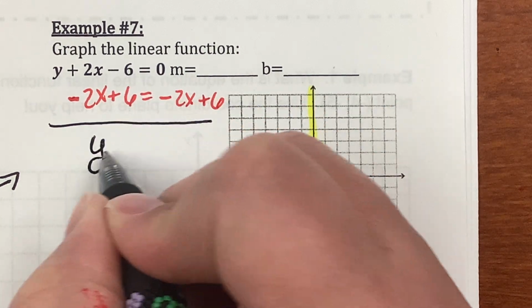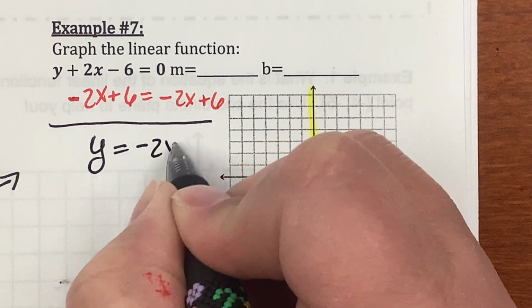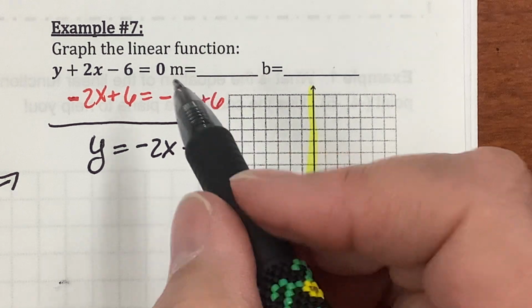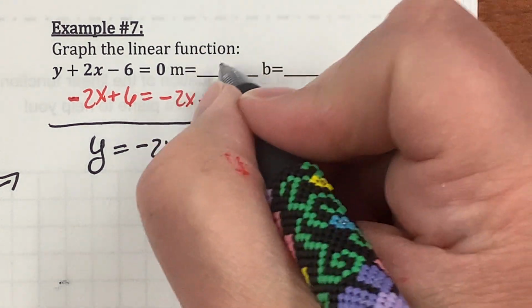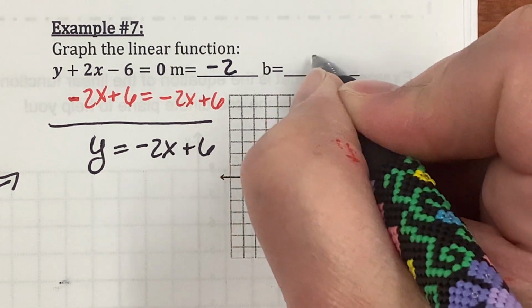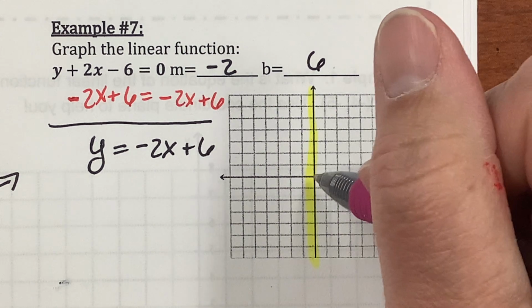So y is on this side alone. All of this, negative 2x plus 6, is now on the right. So my slope m is negative 2. My b is 6. So I'm going to begin at 6.